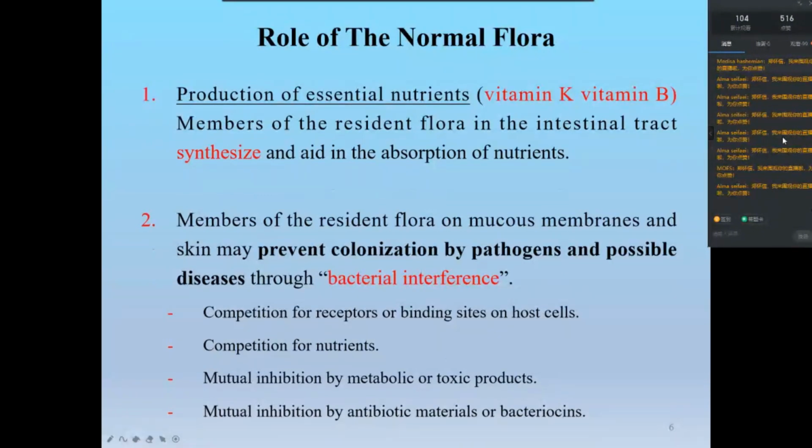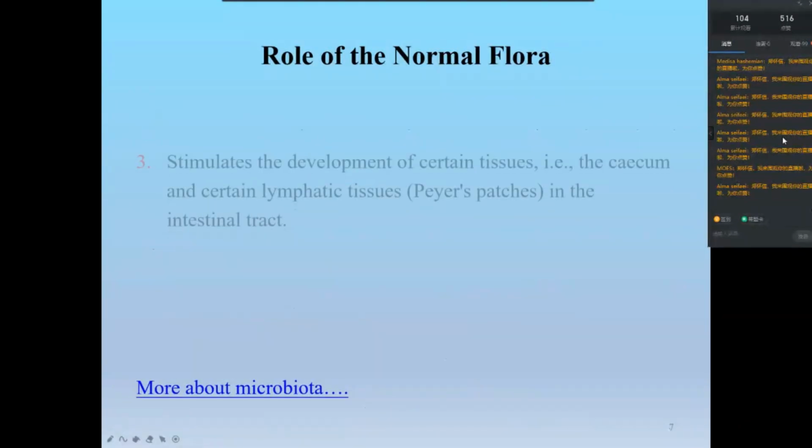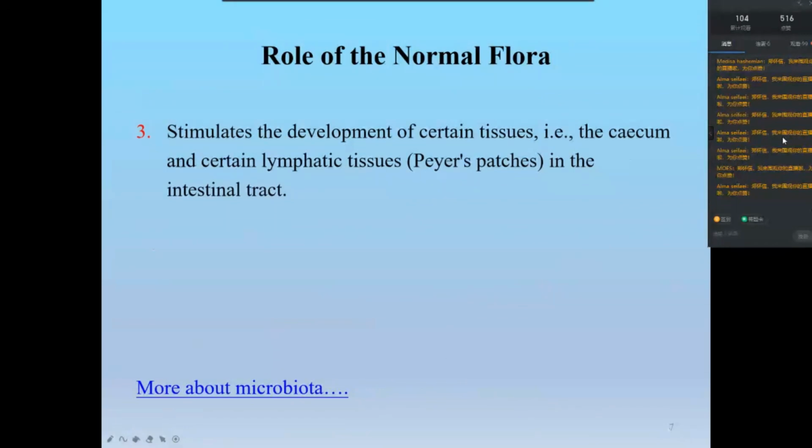The role of normal flora. Another one is that the normal flora can stimulate the production of cross-reactive antibodies. The normal flora and the pathogen might share some antigens, or epitopes, so that the normal flora, even though they don't cause disease, can still stimulate the immune system to produce antibodies.